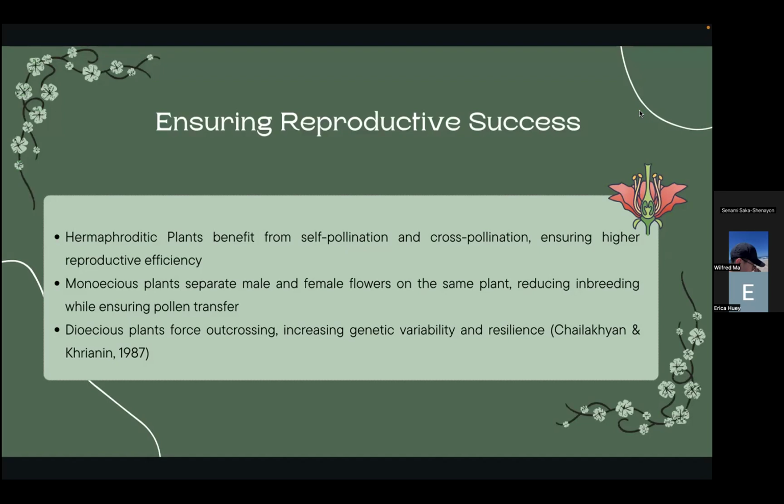For instance, hermaphroditic plants benefit from self-pollination and cross-pollination, ensuring higher reproductive efficiency. Monoecious plants separate male and female flowers on the same plant, which reduces inbreeding while ensuring pollen transfer. And dioecious plants force outcrossing, which increases genetic variability and resilience.